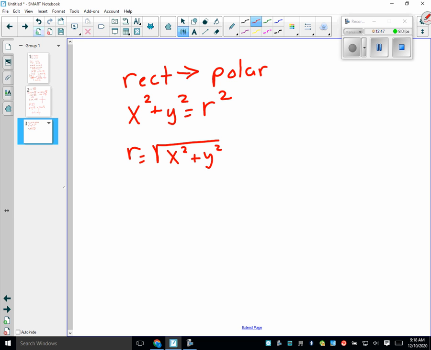Now, how do we find theta? We kind of have to work a little bit with quadrants here to make sure we get it in the right spot. The tangent of theta is y over x.